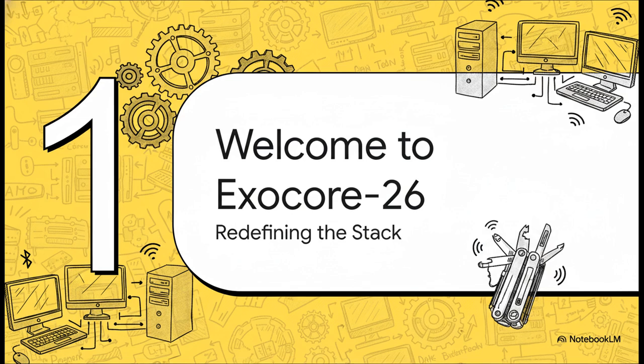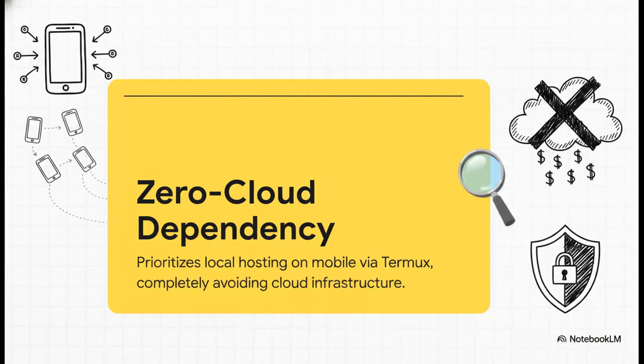Welcome to Exocore 26, redefining the MacGyver tech stack. So, the absolute core philosophy driving this entire project is what's called the Zero Cloud Dependency Principle. Think about it. In an era where literally everyone just defaults to renting expensive AWS servers, Exocore 26 actively rejects external cloud infrastructure. Instead, it aggressively prioritizes local hosting.